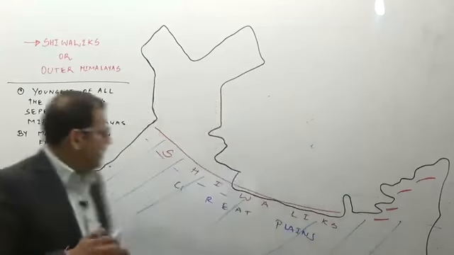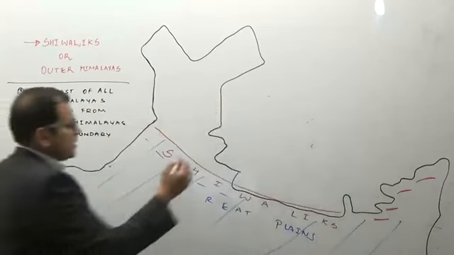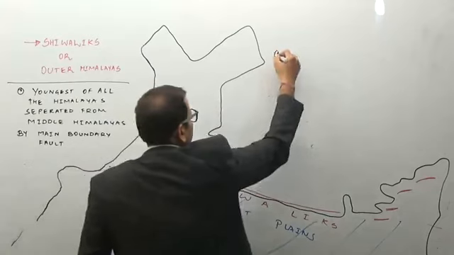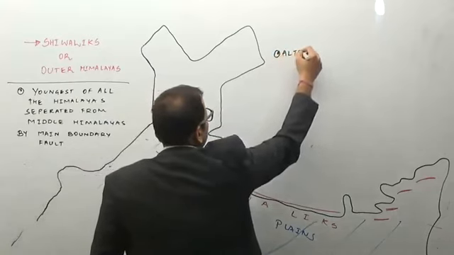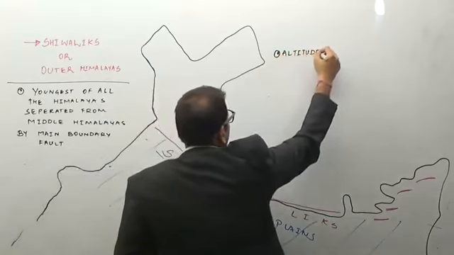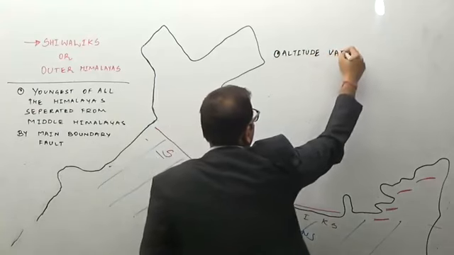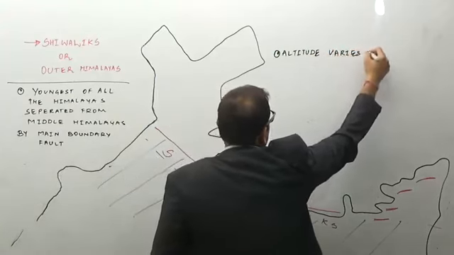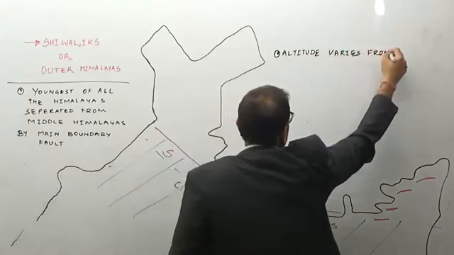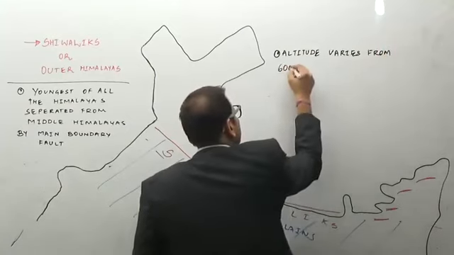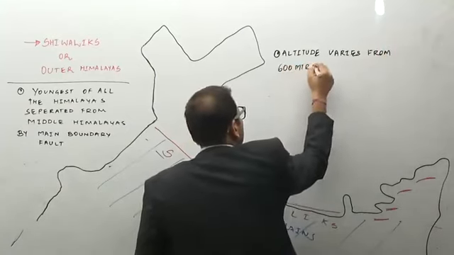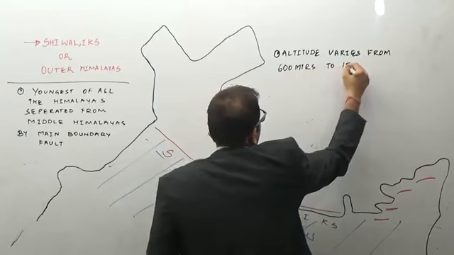Another feature of the Shivaliks is that the altitude varies from 600 meters to 1500 meters.